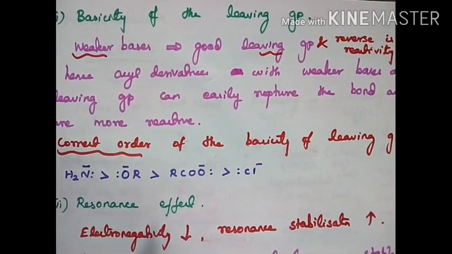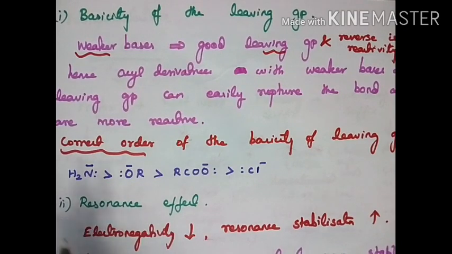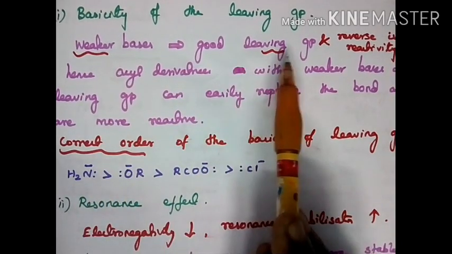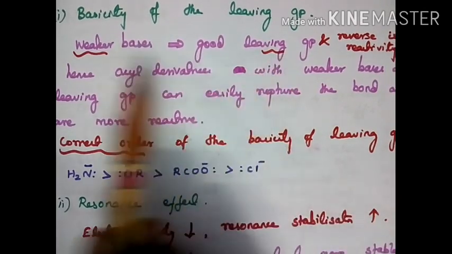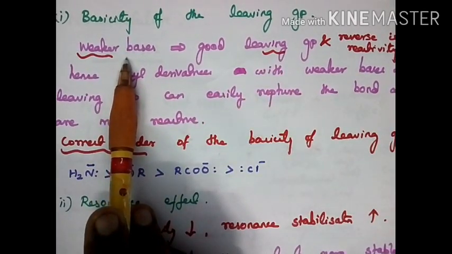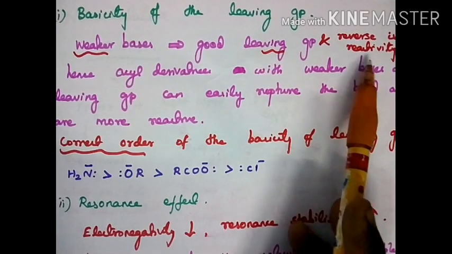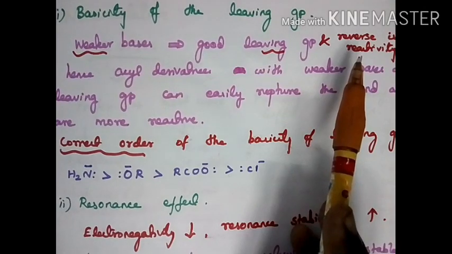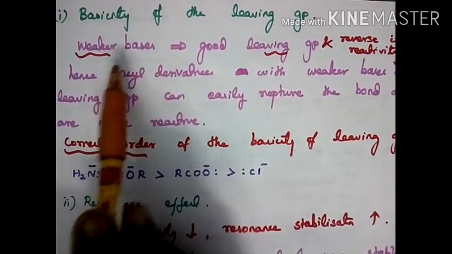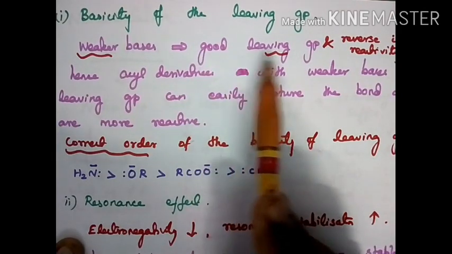Now, first we are going to see the weaker bases. What are the weaker bases? A compound having a good leaving group is called a weaker base. And the reactivity is the reverse: a good leaving group means less reactivity.